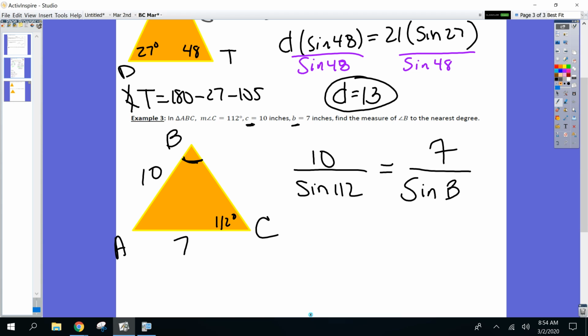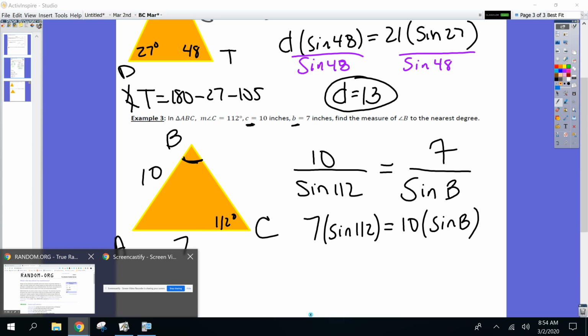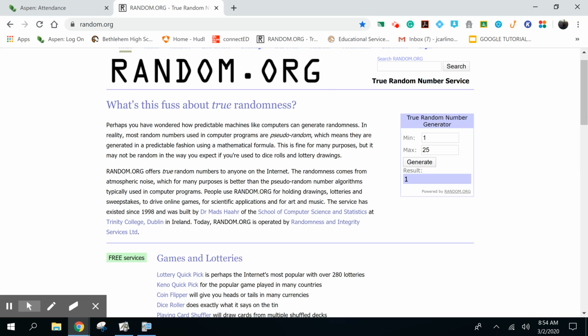I'm still cross multiplying. 7 times the sine of 112 equals 10 times sine of b. Not solving for b, get sine b all by itself. So what am I going to do to the right side of my equation to get sine b by itself?